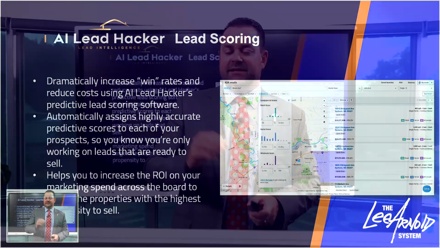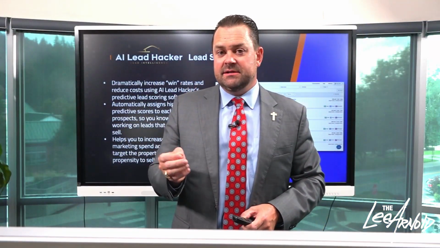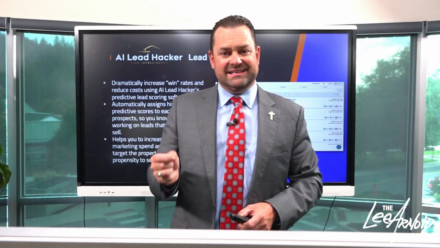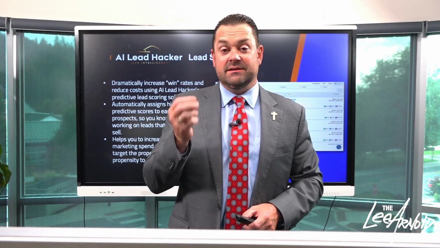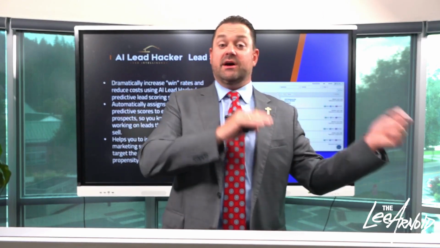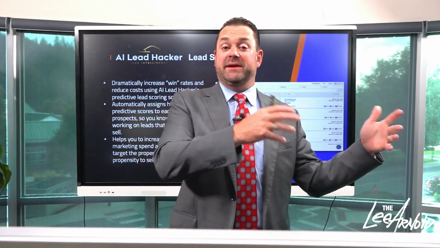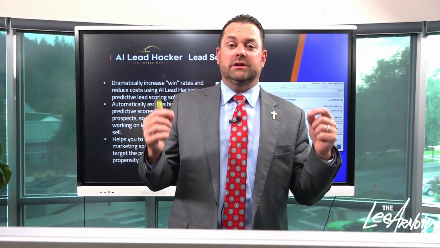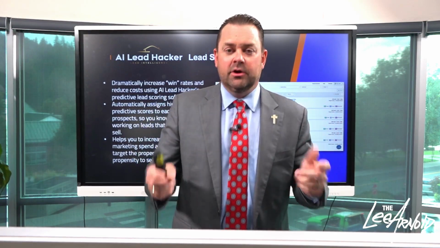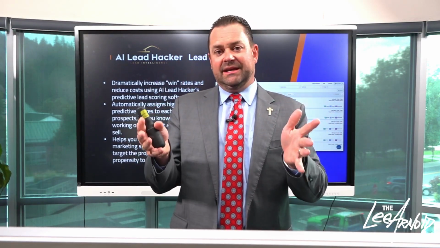Remember what I said at the top of this thing. The secret sauce to making money in real estate as an investor, the secret sauce to making money as a real estate agent, if that's who you are, the secret sauce to being a successful private money lender is to only be talking to people who are going to do something in the next 90 days or less.